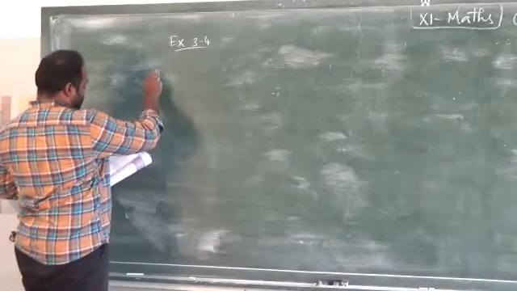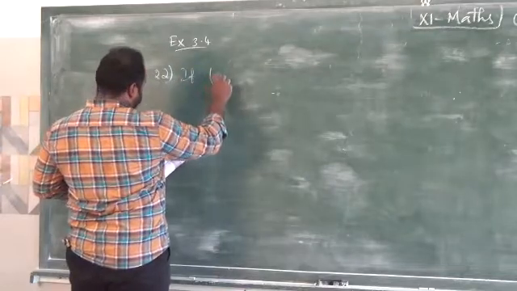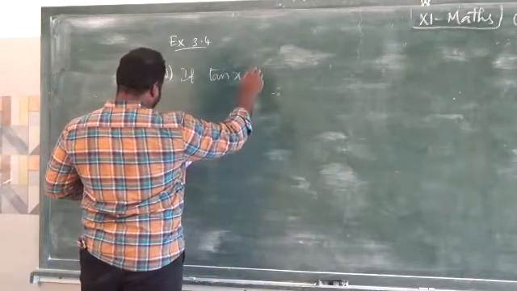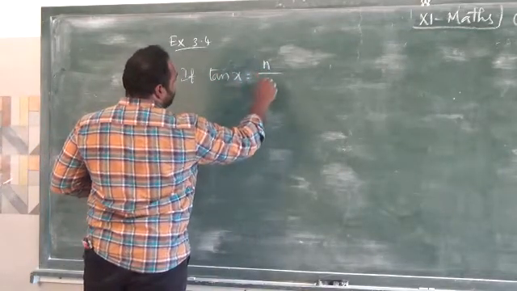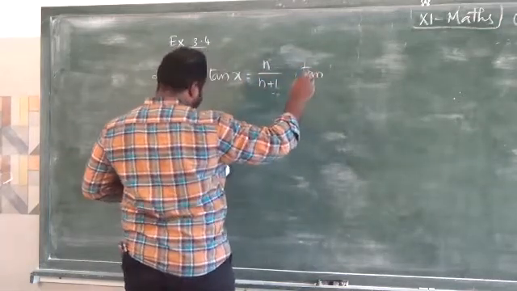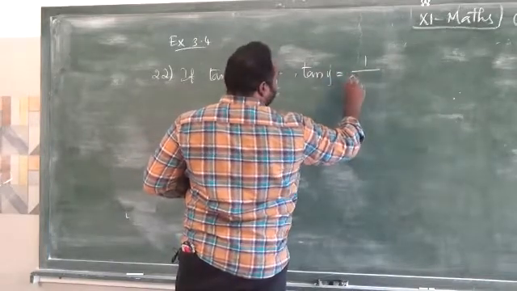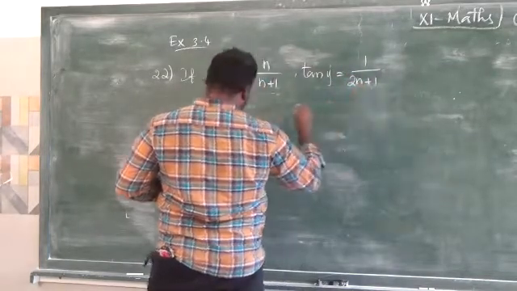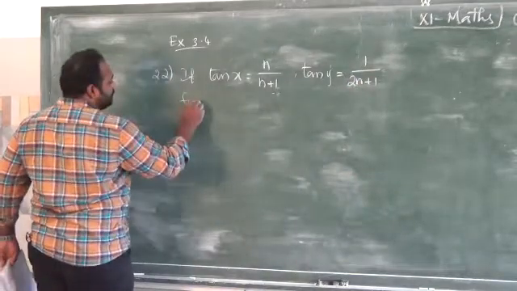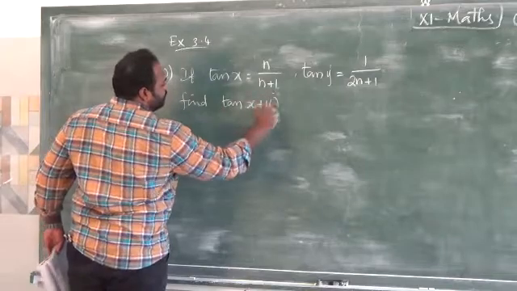Question number 22. If tan x equal to n by n plus 1, tan y equal to 1 by 2n plus 1, find tan x plus y.